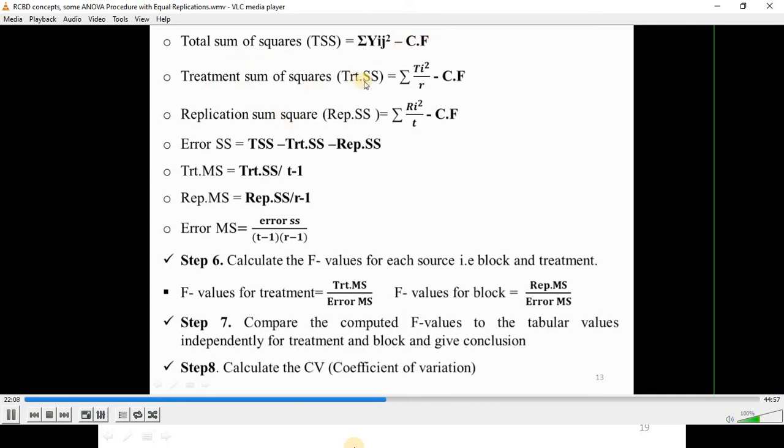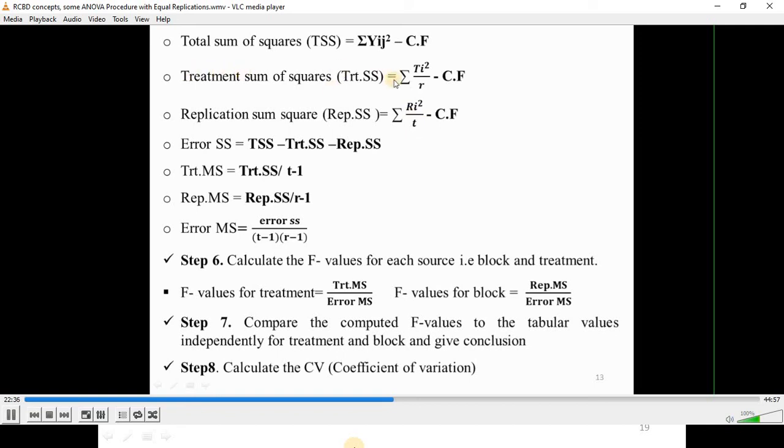Similarly, for the treatment sum of squares, we square all the treatment totals and divide by R, then subtract the correction factor. The replication sum of squares is calculated as the summation of replication totals squared, divided by the number of treatments.